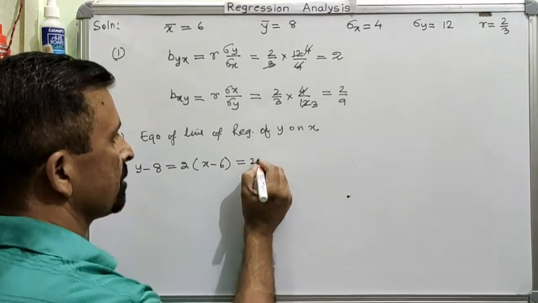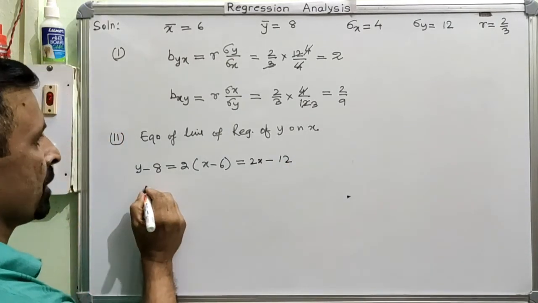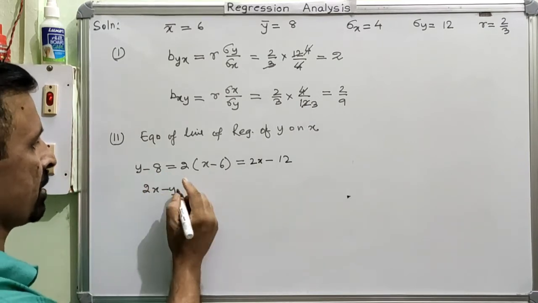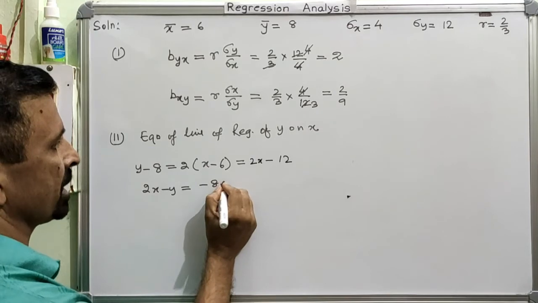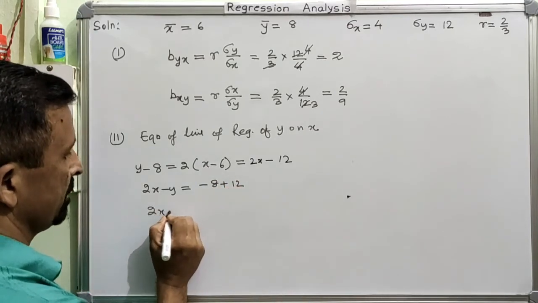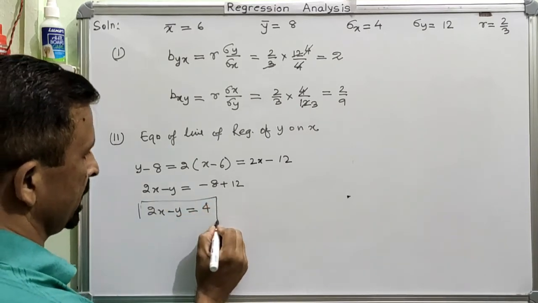It's 2x minus 12, right? And then finally 2x minus y, and this 12 can be sent to that side. So minus 8 plus 12. Therefore, your final equation is 2x minus y is equal to 4, and this is your equation.